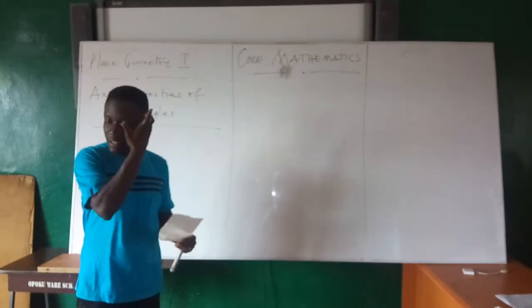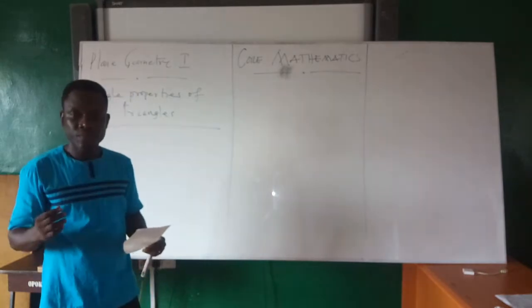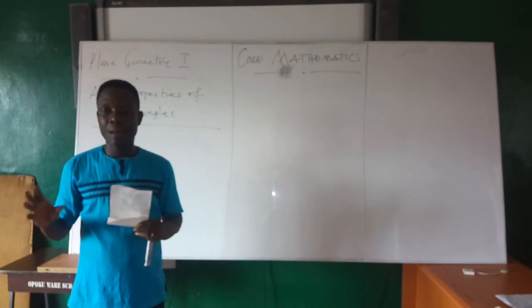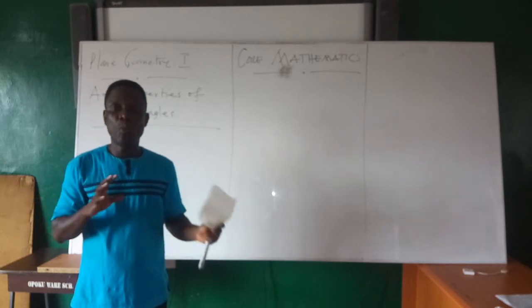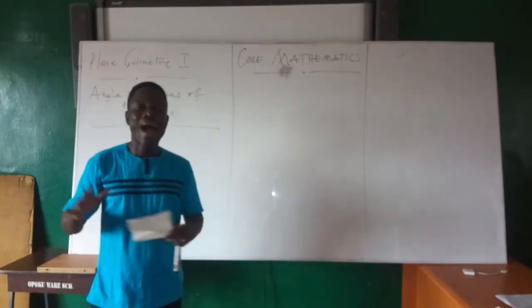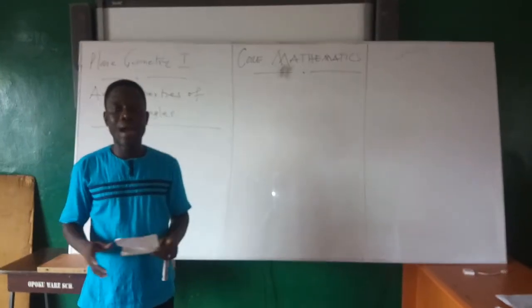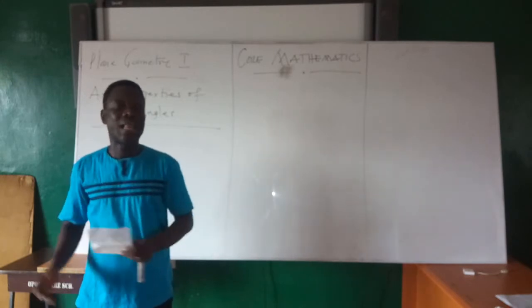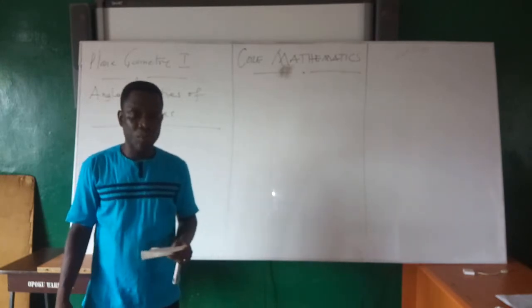Now, going straight into today's lesson. I'm going to group the properties that I'm going to handle into two parts: what I call the general angle properties, and then special angle properties.